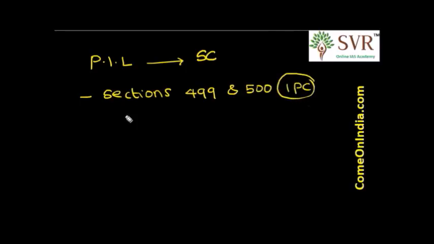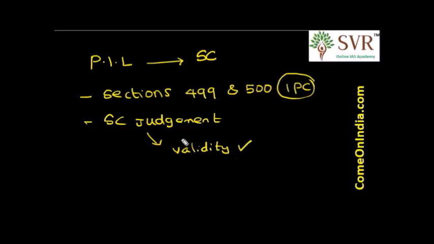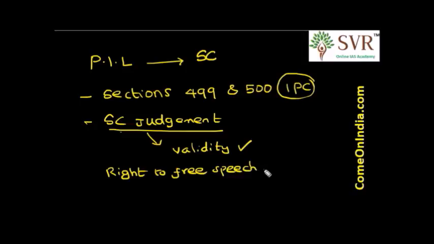But the Supreme Court, which gave its judgment recently, upheld the constitutional validity of criminal defamation in India. According to the Supreme Court judgment, the right to free speech is not an absolute right.